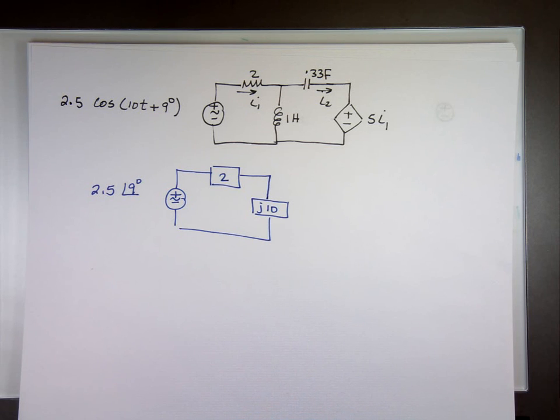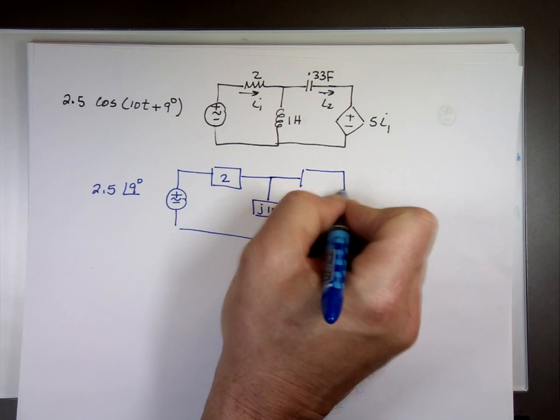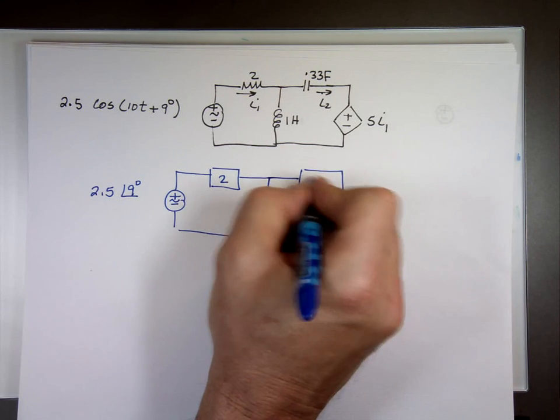Negative J over omega C, or 1 over omega C. What's 1 divided by 3.3? Is that a negative 0.3 J?